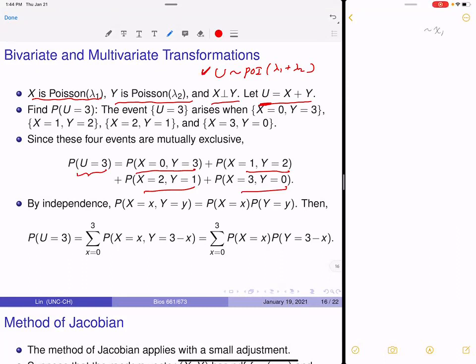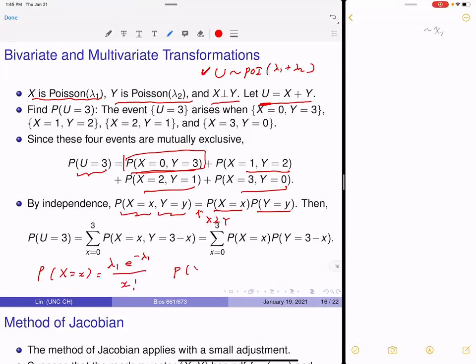If you're doing it that way, then you're basically working on each probability, the same thing as we did when we did univariate, right? The joint PDF of x and y, because x and y are independent, I can write as the probability of individual times individual. Then you just calculate x is 3 using the Poisson PDF: lambda 1 to the x over x factorial, times e to the minus lambda 1.